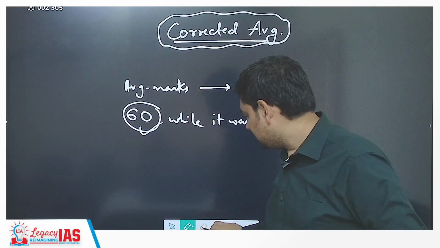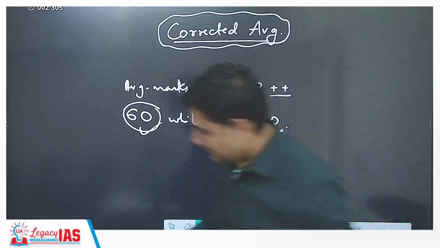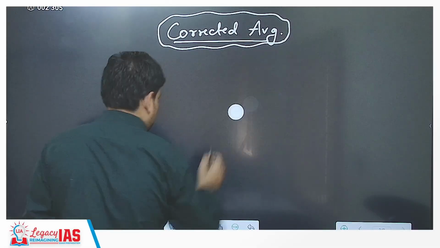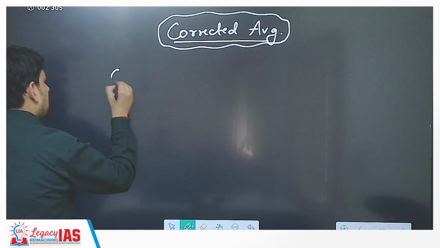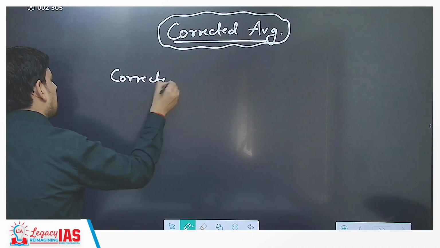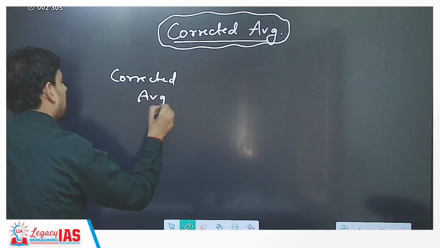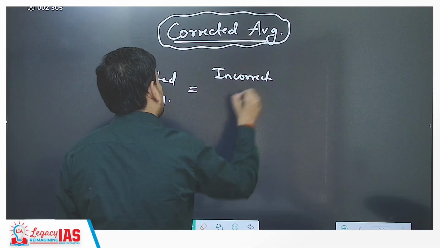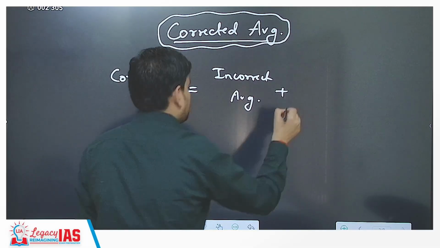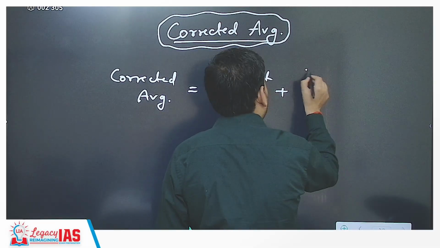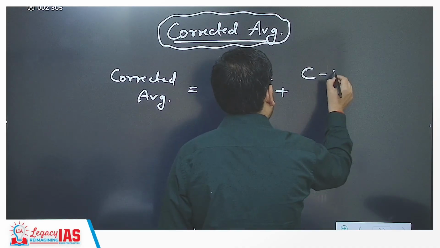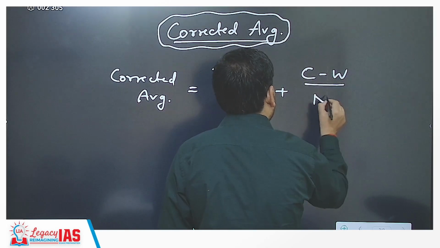Now let's see the formula. Corrected average is equal to incorrect average plus summation of the correct number minus the wrong number, divided by n.